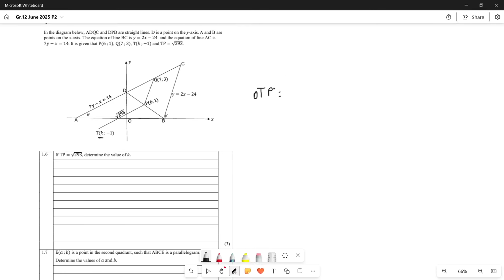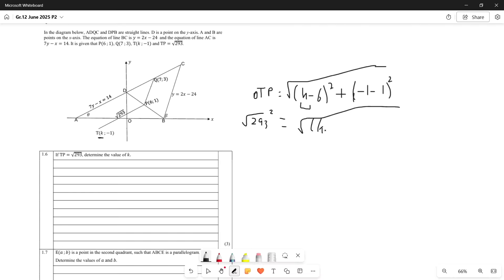So we have our distance of TP, that is the square root of K minus 6 squared plus minus 1 squared. And then we can just go ahead and solve for it. A reminder that TP was the square root of 293, because we're trying to solve for K here, which means we have to know every single other thing in this equation. The nicest way to approach this is to square both sides, to get rid of the square root.